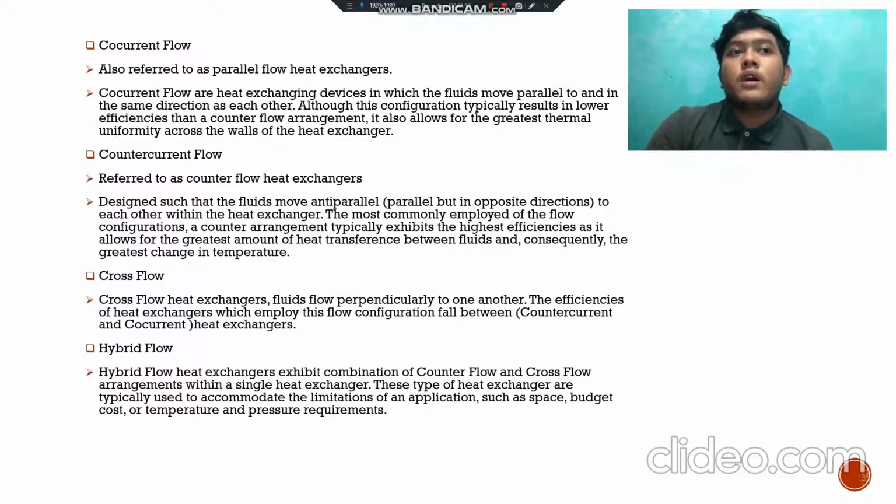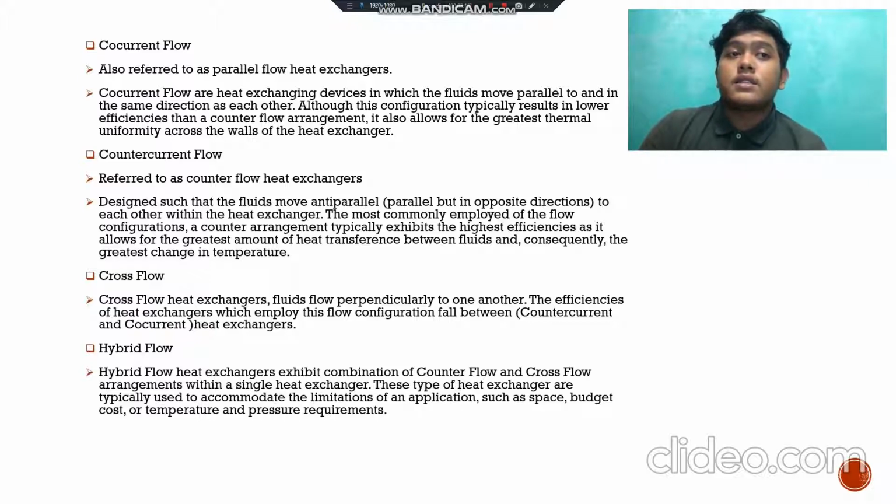Co-current flow heat exchanging devices are those in which the fluids move parallel to and in the same direction as each other. Although this configuration typically results in lower efficiencies than a counter flow arrangement, it also allows for the greatest thermal uniformity across the walls of the heat exchanger.